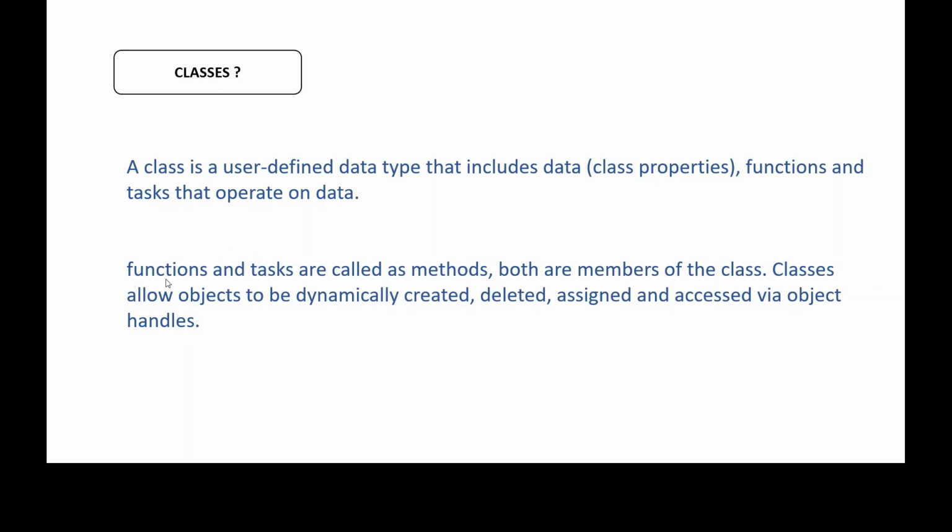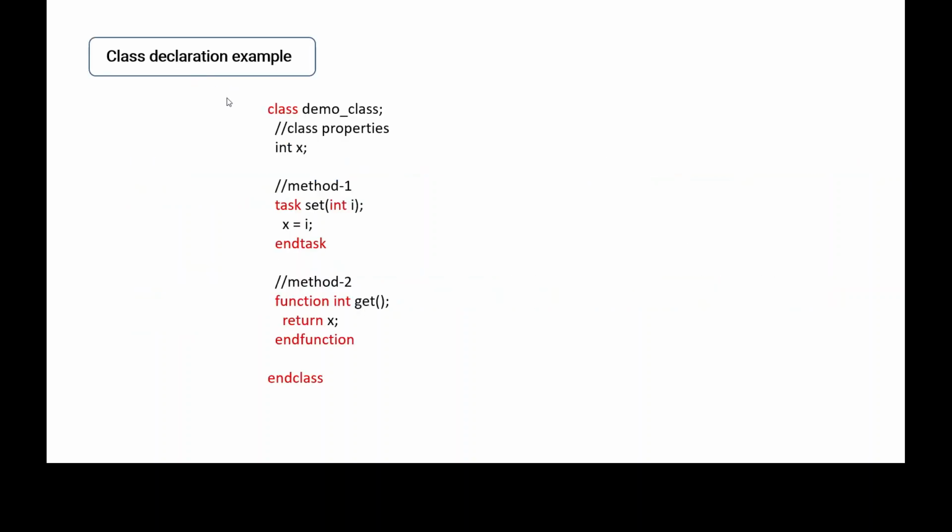There should not be any delay statements or event control statements in functions. For example, a delay like #10 nanoseconds should not be there in functions, and also events that need to happen at the positive edge of the clock should not be present, whereas in tasks delays as well as other timing control events can be there.